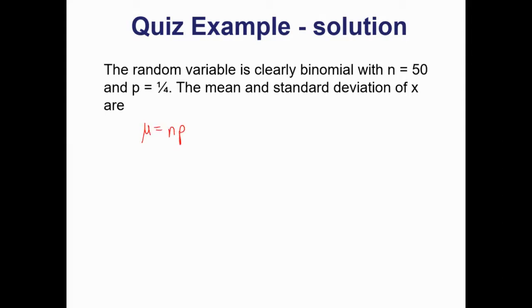Mean is equal to n times p. So 50 times 1/4 is what? 12.5.